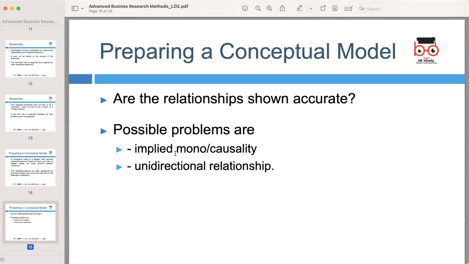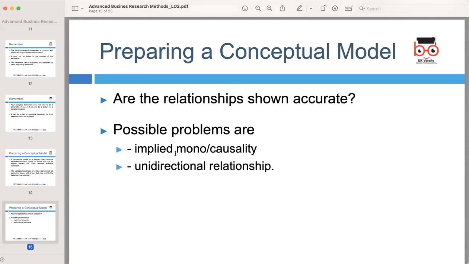Implied mono-causality occurs when a one-to-one relationship is suggested between two elements, implying that one element is the sole cause or effect of the other. This oversimplification can lead to a misleading representation of reality.